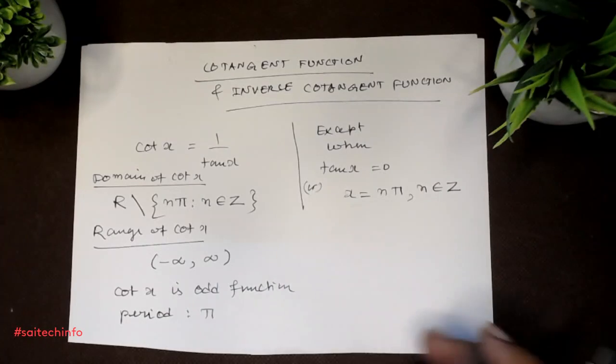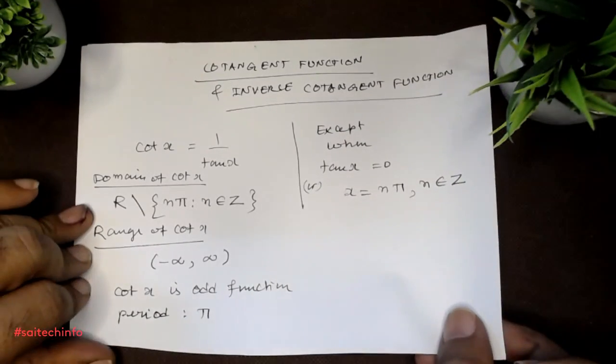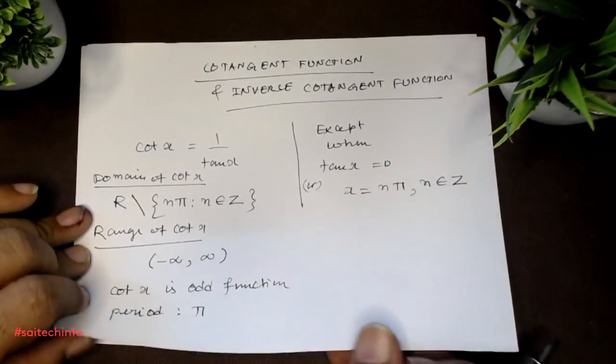Now let us explain the graph of this cotangent function.